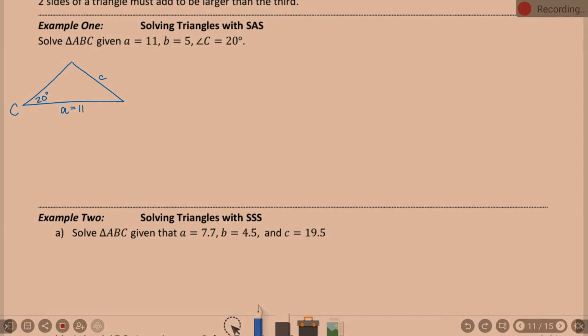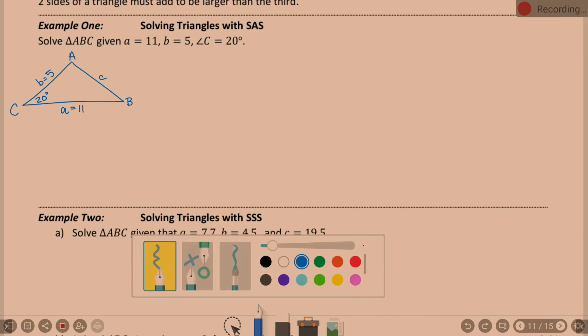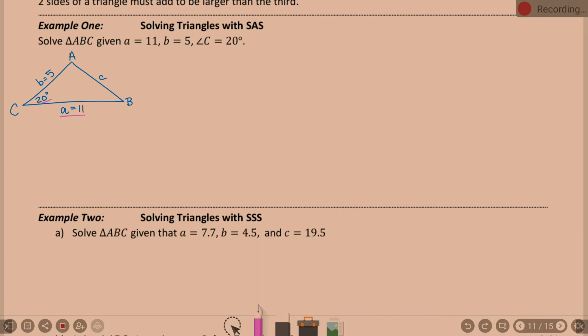I'm going to pick this to be A and this to be B. Okay? Now, were we given a side angle side setup? Yeah. Side, angle, side. So that is indeed a side angle side setup, which is one of the two pieces that works with law of cosines.